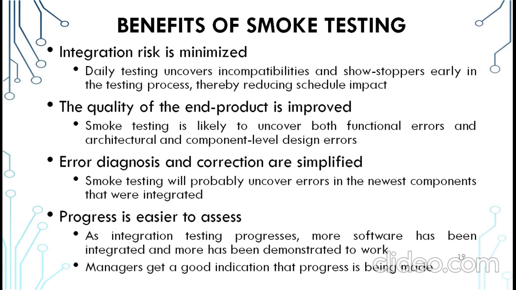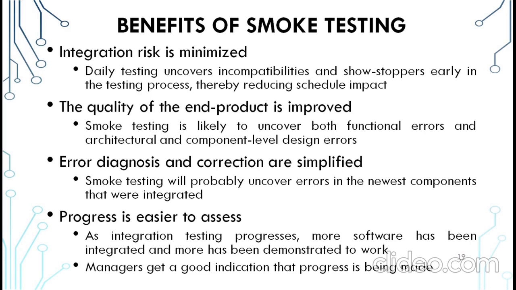The second benefit is that the quality of the end product is improved because the approach is construction, that is integration oriented. Smoke testing is likely to uncover functional errors as well as architectural and component level design errors.